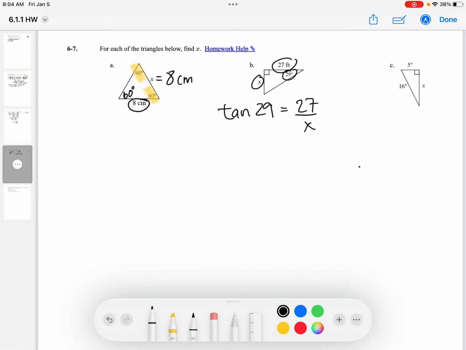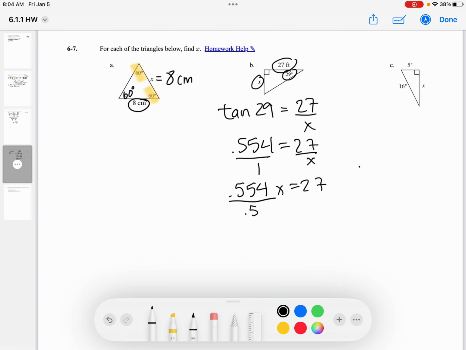Tangent of 29, we get 0.554. We put this over 1 and cross multiply. 0.554 times x equals 27.